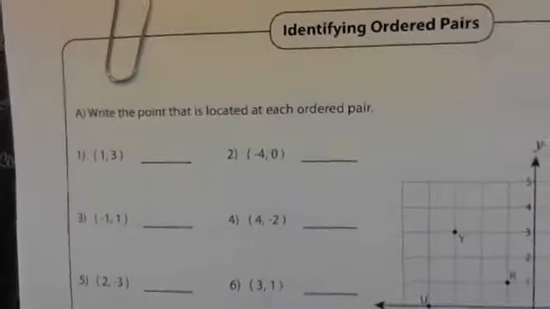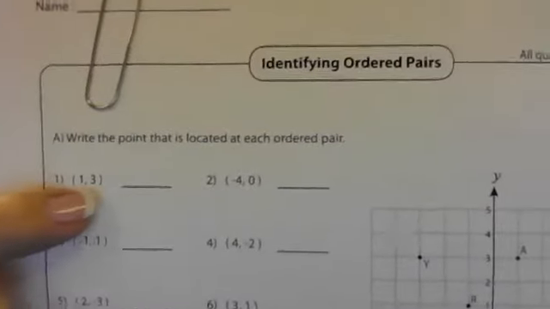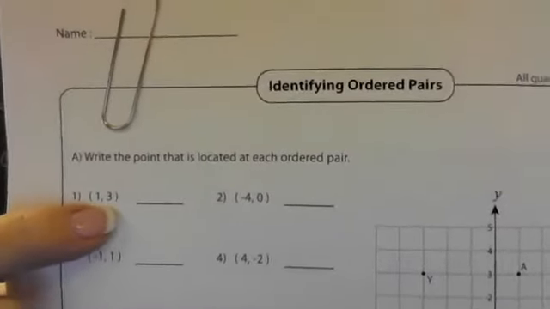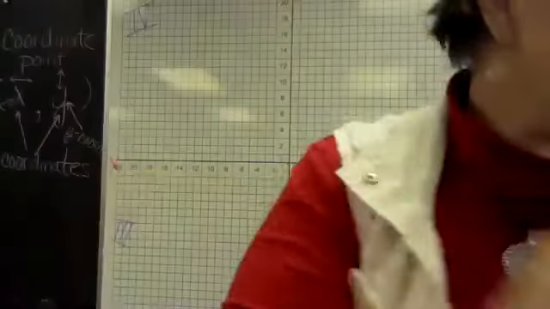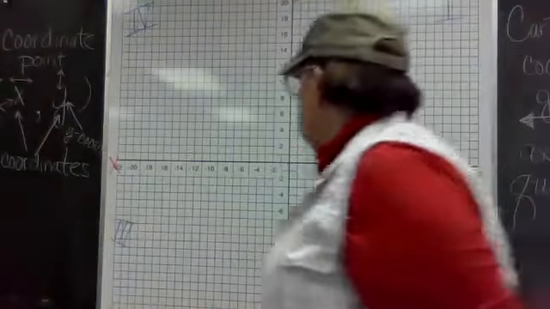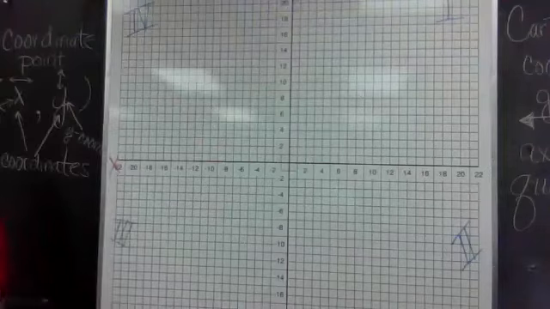On your handout again, let's find out where the address 1, 3 is on our coordinate graph. So we're going to find 1, 3.